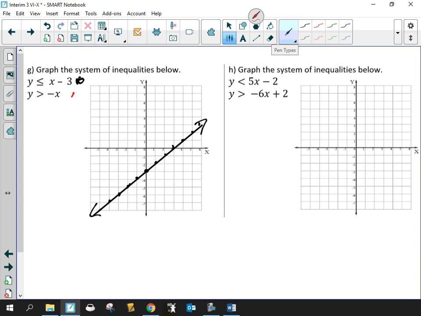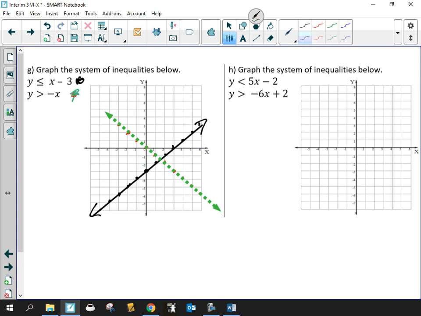For the second one, the y-intercept is 0 and the slope is negative 1. But it is less than, so instead of a solid line, I will get a dotted line.